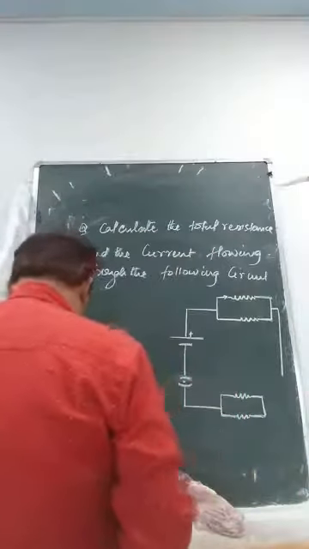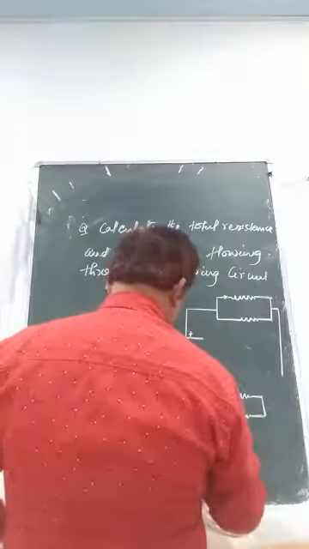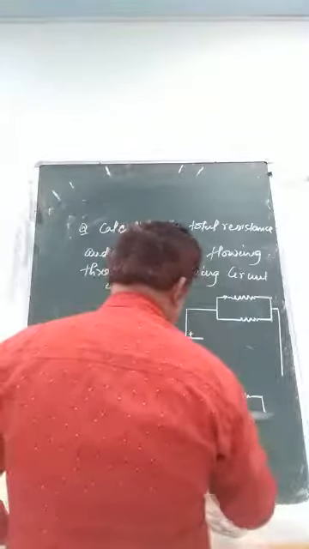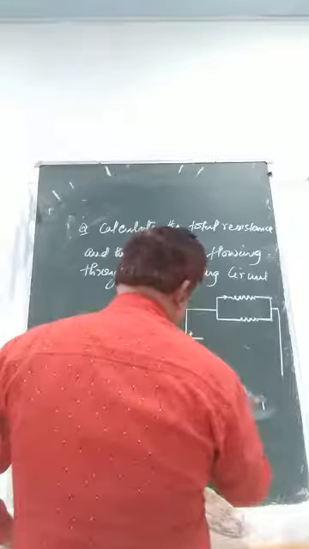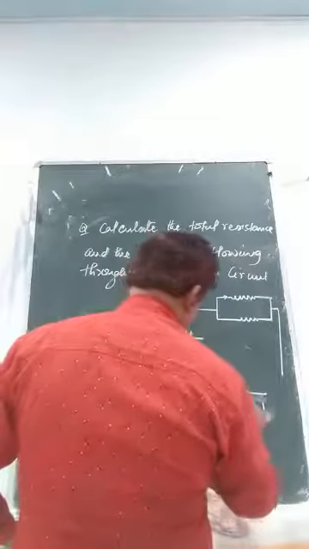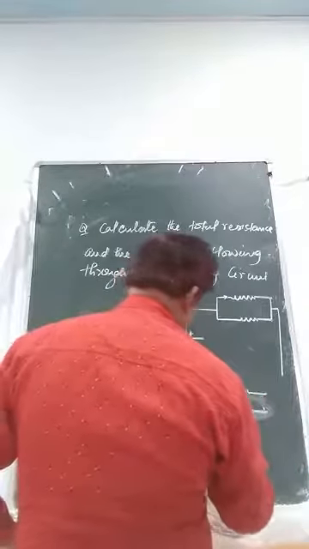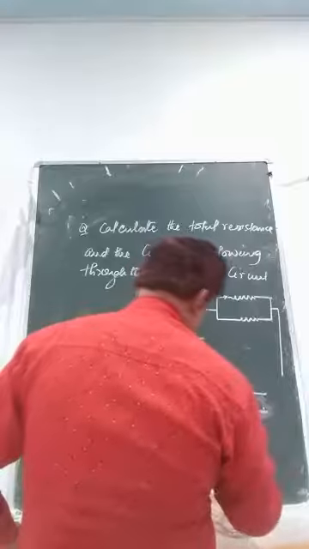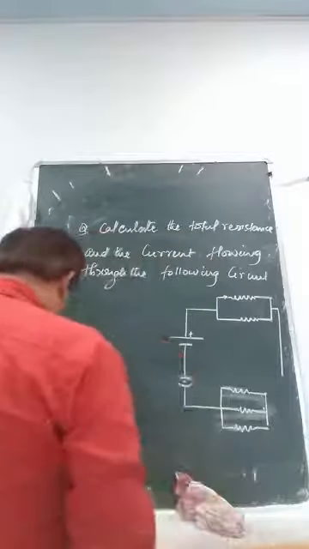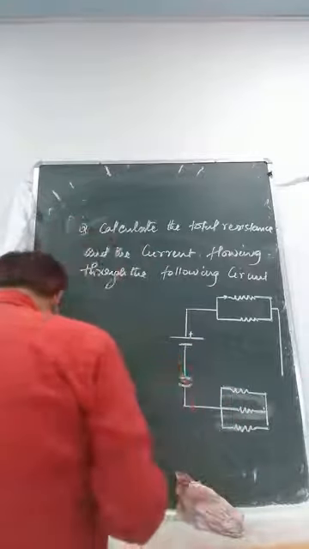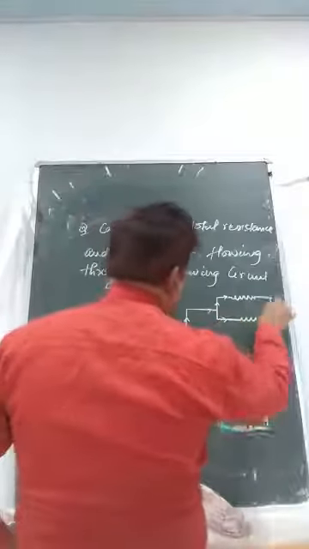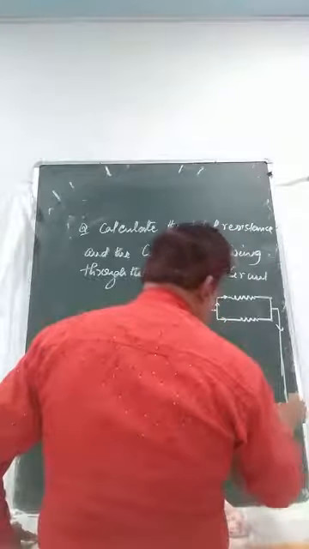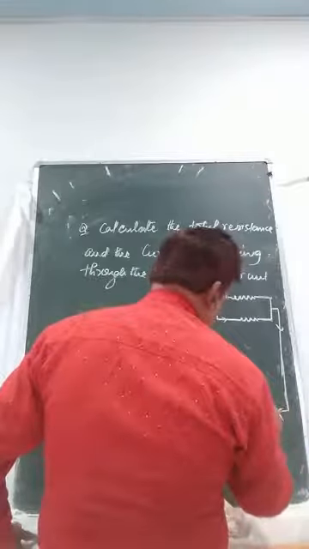Okay. Then the current goes here, divided here, then combinedly the current comes here, then when it enters here, then the current goes this way.